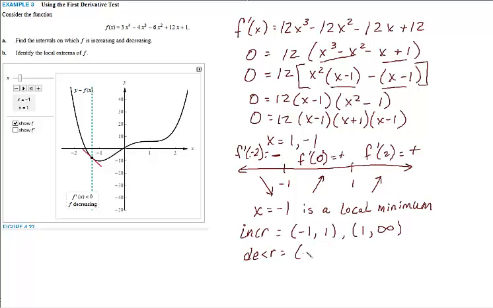Decreasing, negative infinity to negative 1. Now I need to see if this is an absolute minimum. No, they just wanted local extrema. I still could tell you, because since these points are all above and this one doesn't go back down, I can tell that it's an absolute, but they didn't ask for that, so I'm not going to state that.